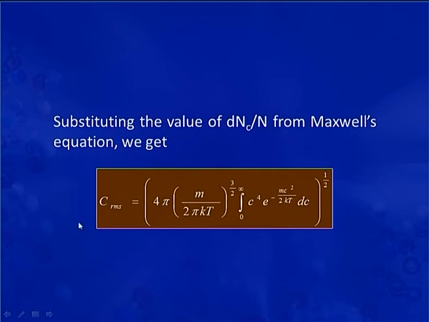The equation becomes c_rms = (4π (m/2πkT)^(3/2) ∫₀^∞ c⁴ e^(−mc²/2kT) dc)^(1/2).